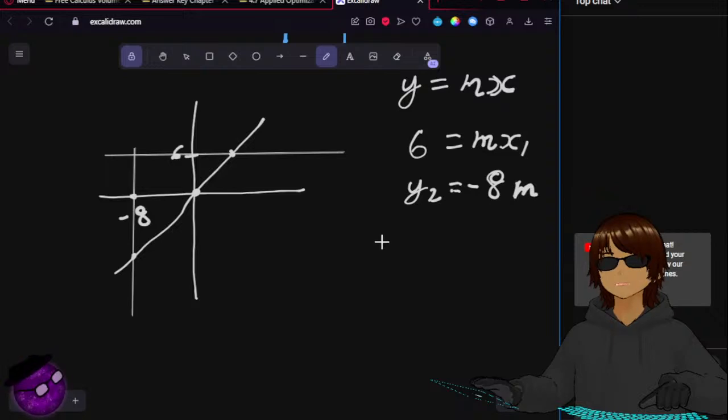And then the area is y2. Y2 could be negative, right? y2 plus 6.